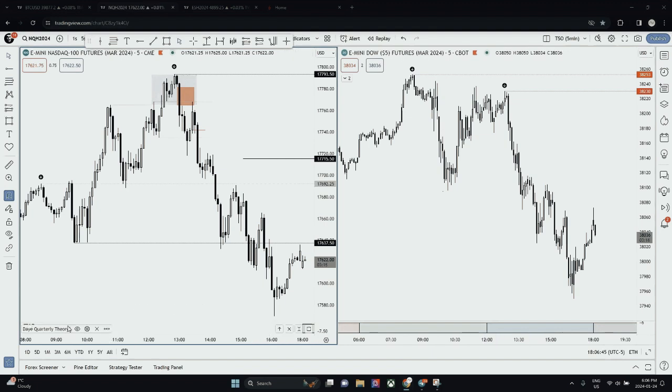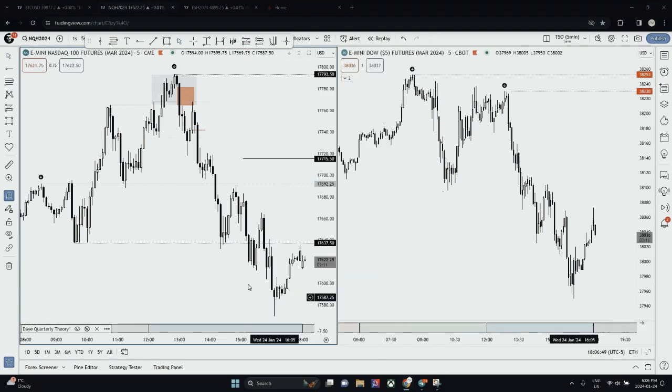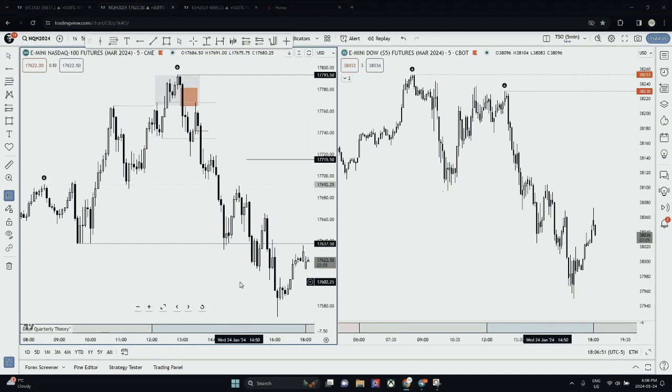Maybe I have to turn this on so you guys can see it better. So this is Q4. The blue annotates Q4, the afternoon session. This is Q3.